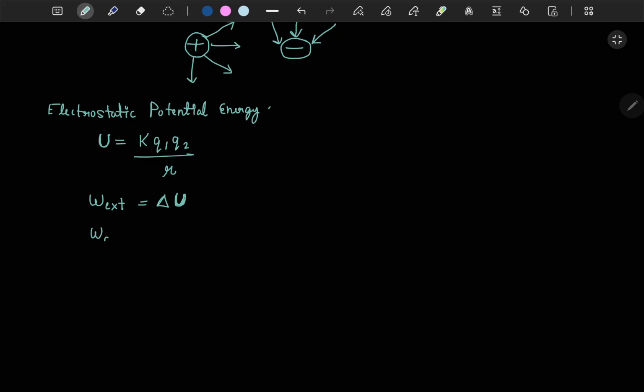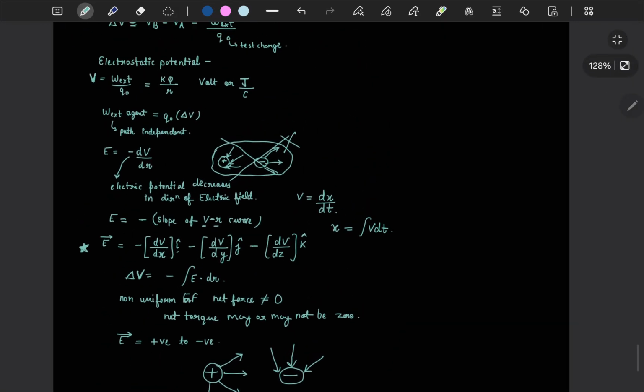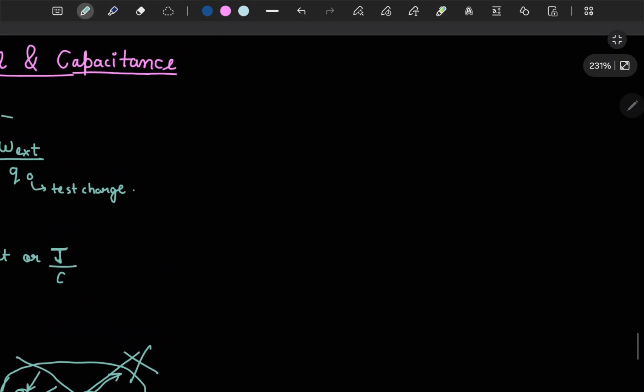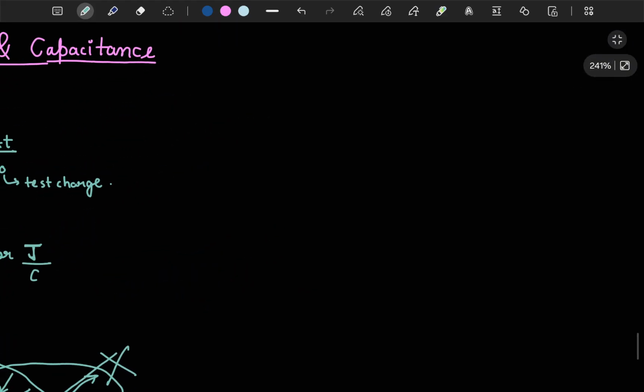As we have studied, work done by conservative forces is equal to negative of change in potential energy. You have to remember these formulas for better understanding.